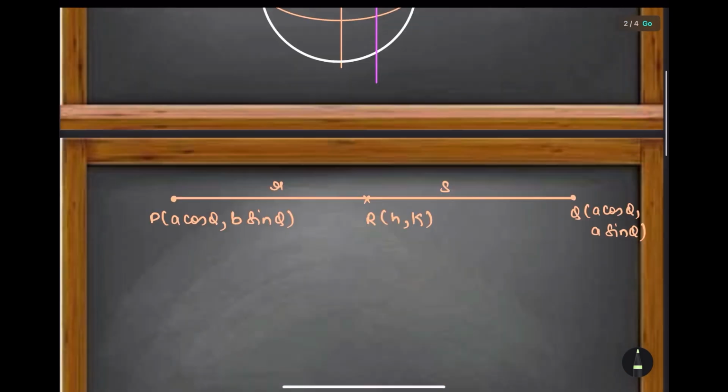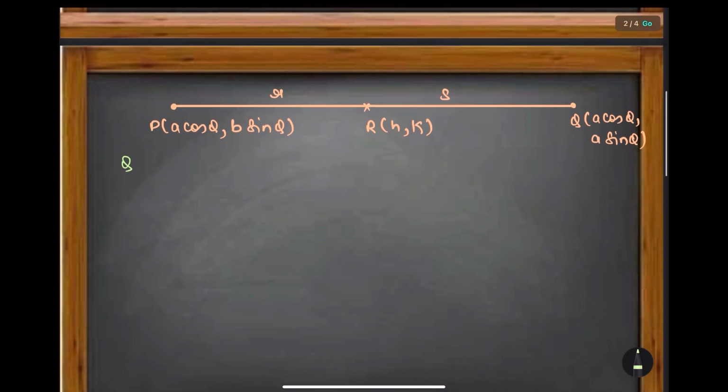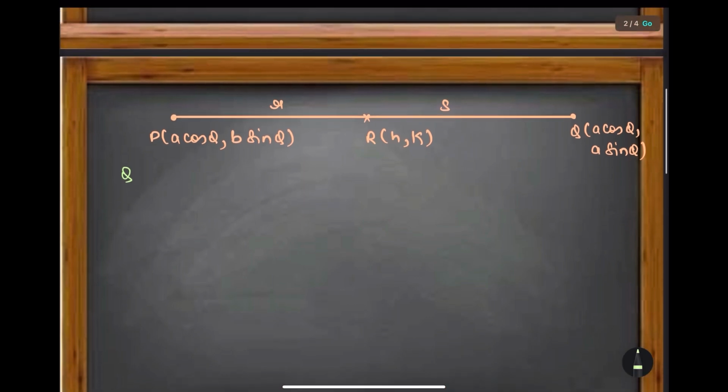Theta, yes, theta you have introduced. r, no, r they have given. s, they have given. h, you have introduced. k, you have introduced. So you have to remove these. Now h you will replace by x, and k you will replace by y. Now we need to eliminate theta. Okay, so let's find out theta.